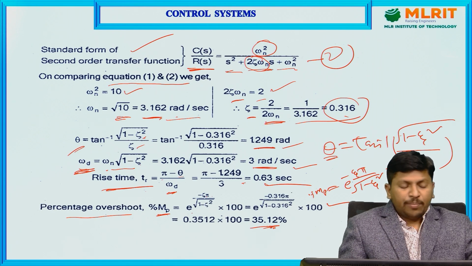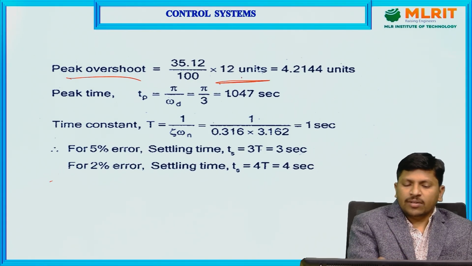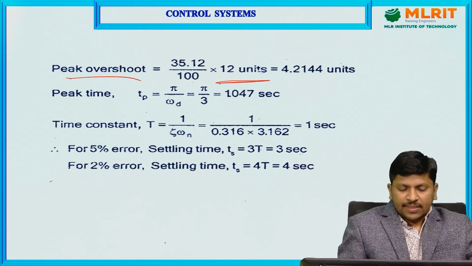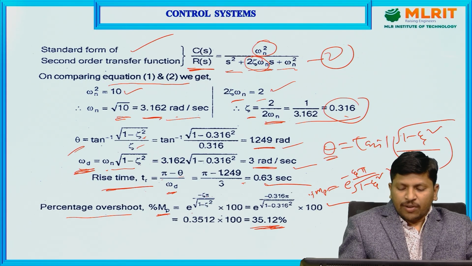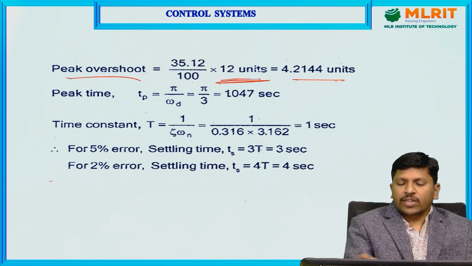From the problem, 12 units are available, so 35.12 divided by 100 into 12 units gives 4.2144 units.